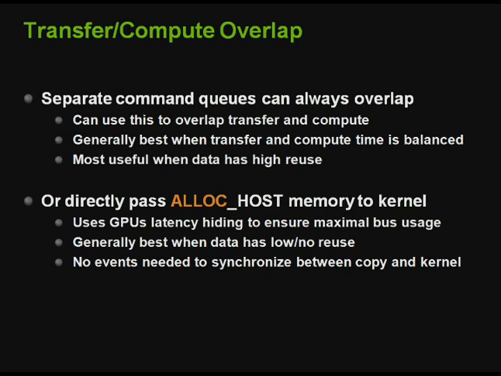So you can use this to overlap transfer and compute, and it's generally best when the time is balanced, but it's something that you can do on basically any OpenCL implementation. It's obviously most useful when data has high reuse, so that you amortize the cost as best as possible. Another interesting option is to directly pass host allocated memory into the kernel.